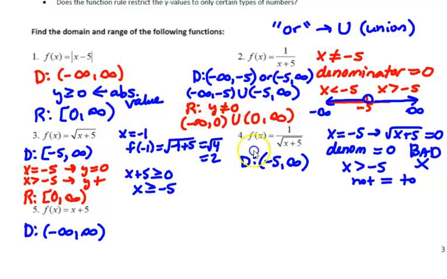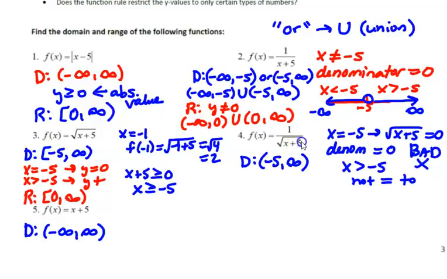Okay, same thing here with number 4. The square root of x plus 5 is going to be a number that is bigger than 0. It can't equal 0 because I can't divide by 0, but anything bigger than negative 5 is going to make the denominator bigger than 0. Therefore, y could just be any positive number.